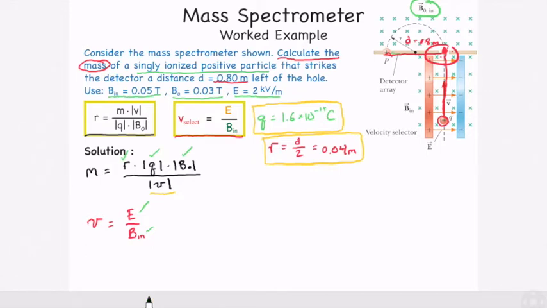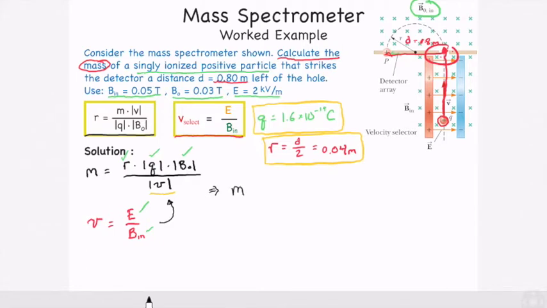We can therefore get a number for the velocity, or more preferably, we can plug this equation into the previous equation to get an analytical solution for the mass in terms of all the known variables.